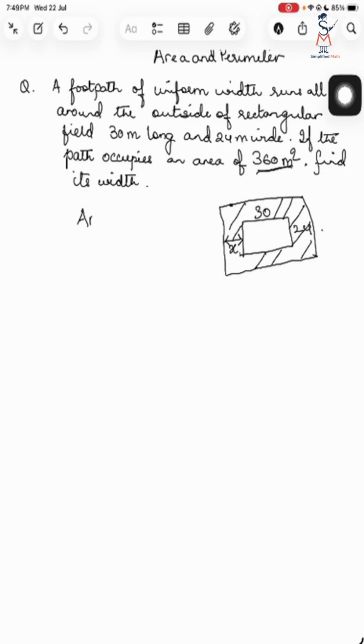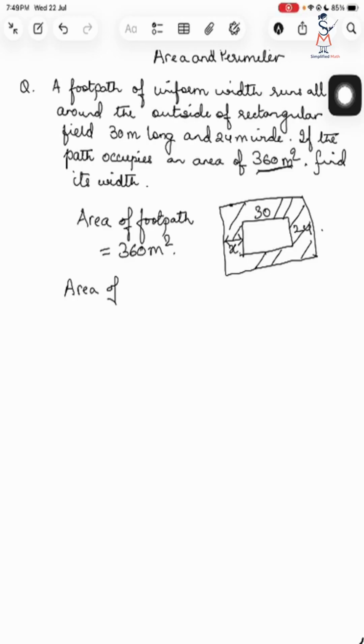That means what is given? Area of footpath. The diagram will be like this: 360 meters square. So what will be the area of footpath?